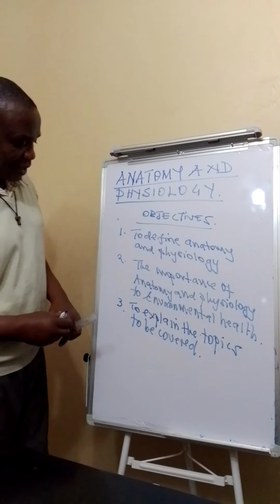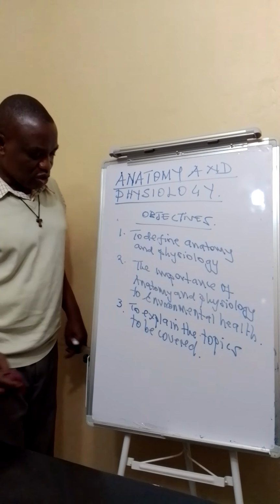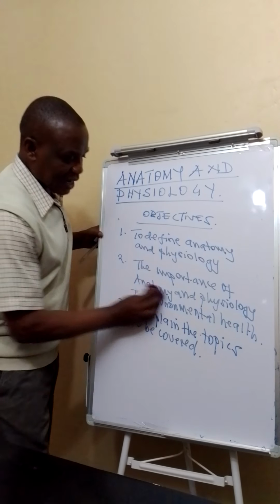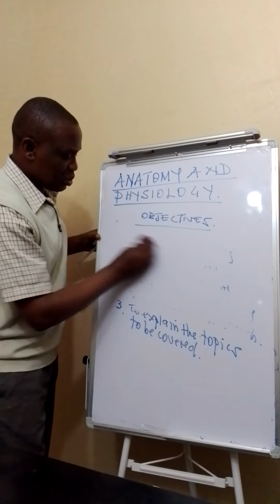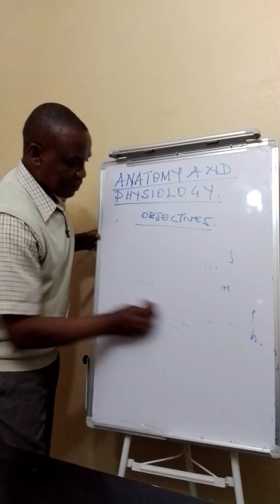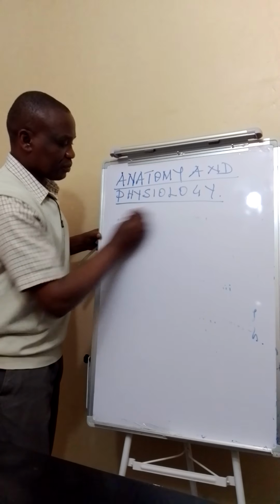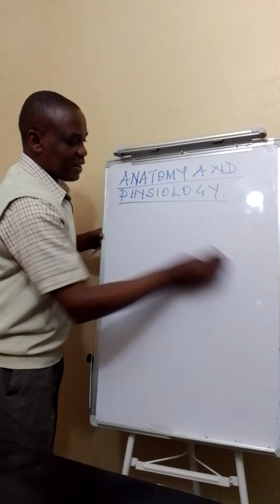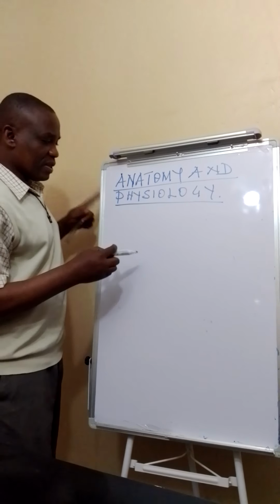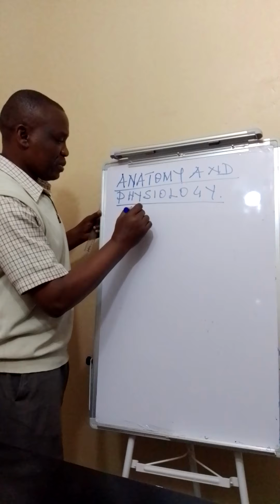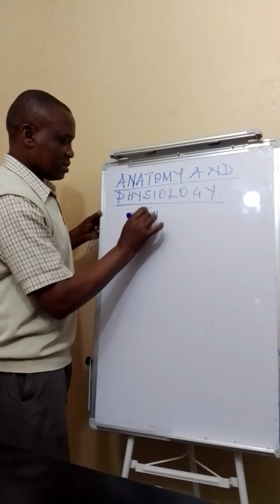Then we come to the last objective, and that is to see what topics we are going to look at. The approach in our study of anatomy and physiology will be a systematic approach. So the topics will be as follows.